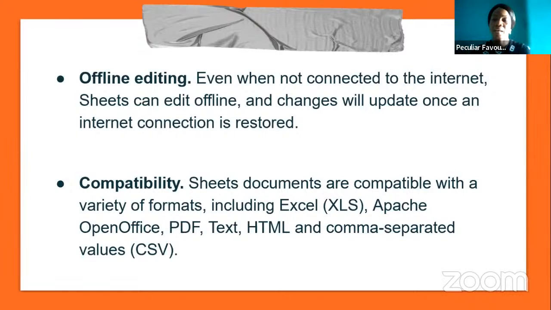Excel is like an app you install into your system. It doesn't actually function online. It's like an offline version of the Google Sheet. So that's why I said you can edit the Google Sheet both online and offline, and that's why it's compatible with Excel.